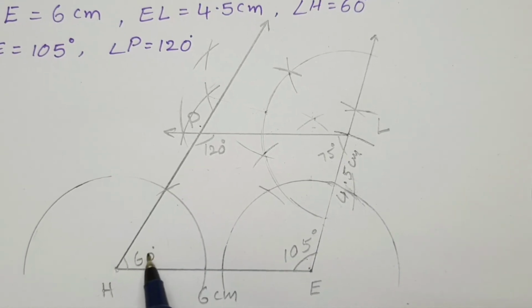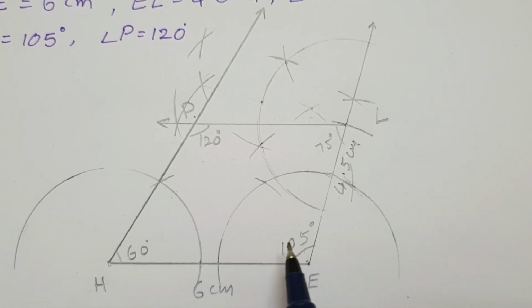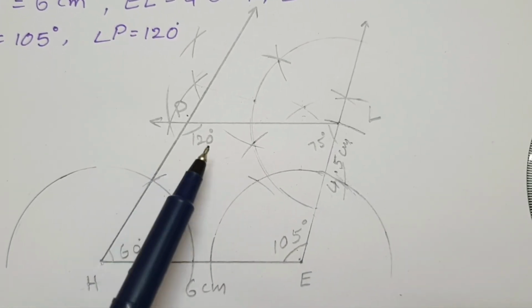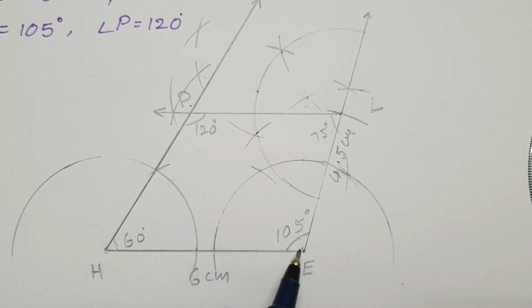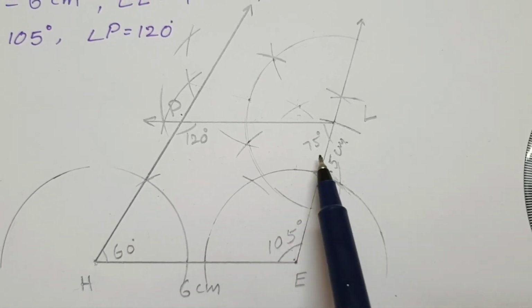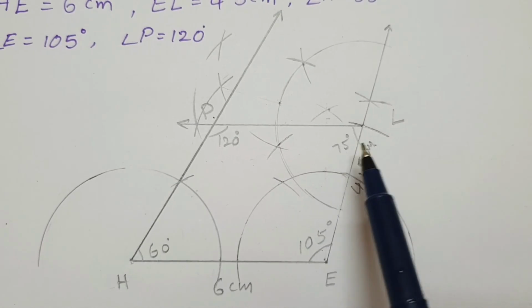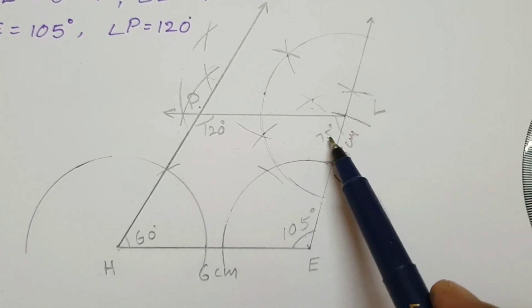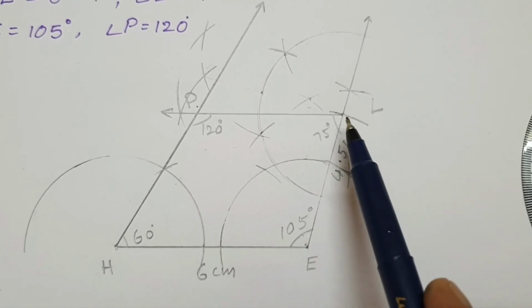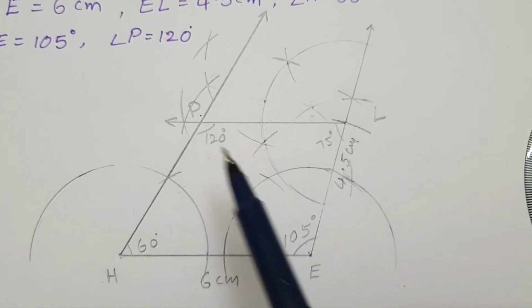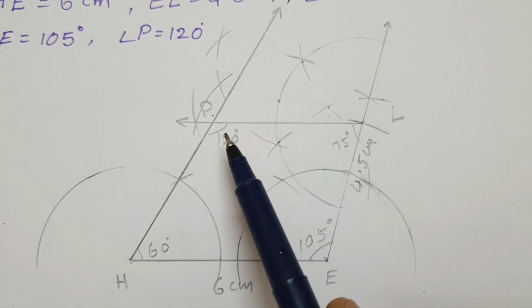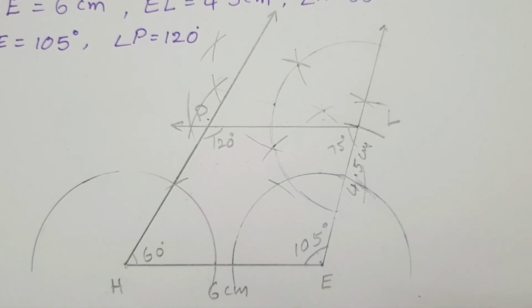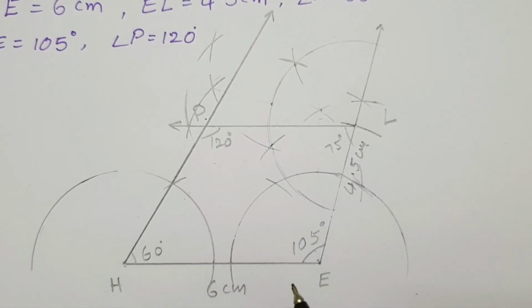We know that sum of 4 angles of a quadrilateral is 360. Angle P given 120. 120, 60, 105, so total remaining angle is 75 degrees. So here draw with 75 degrees. Angle L equal to 75 degrees. Next, join LP. This is the required quadrilateral HELP.